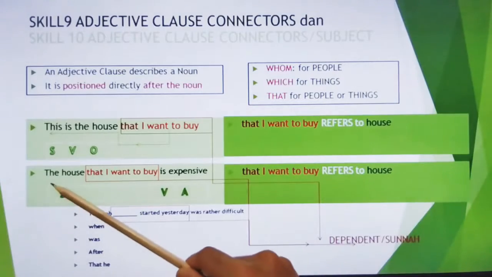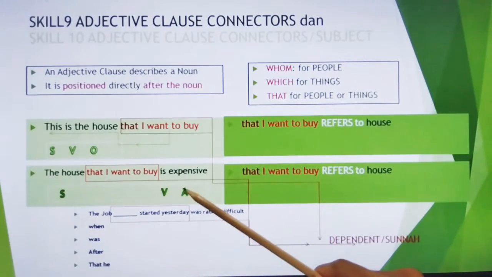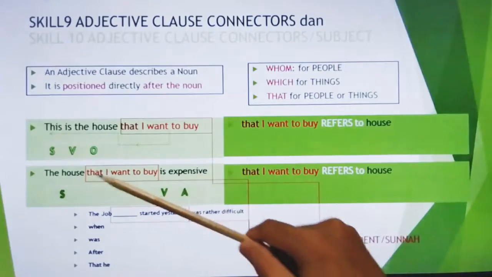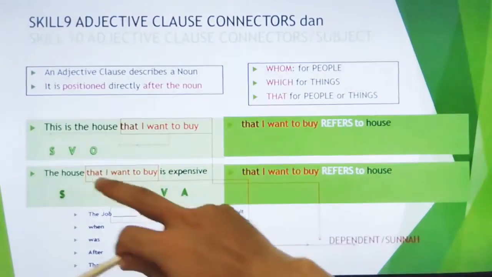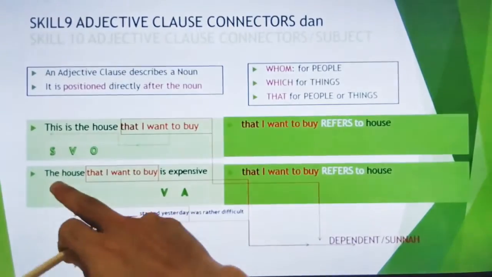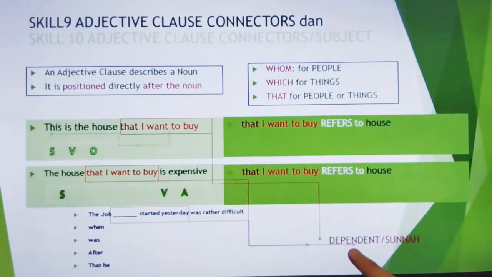So the house is expensive, keterangan, sifat. If we just omit this, the sentence is still correct. The house is expensive. So adjective clause: dependent, or sunnah.